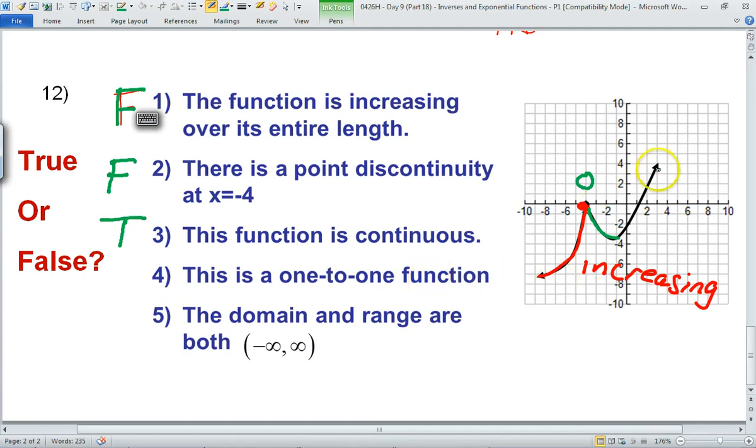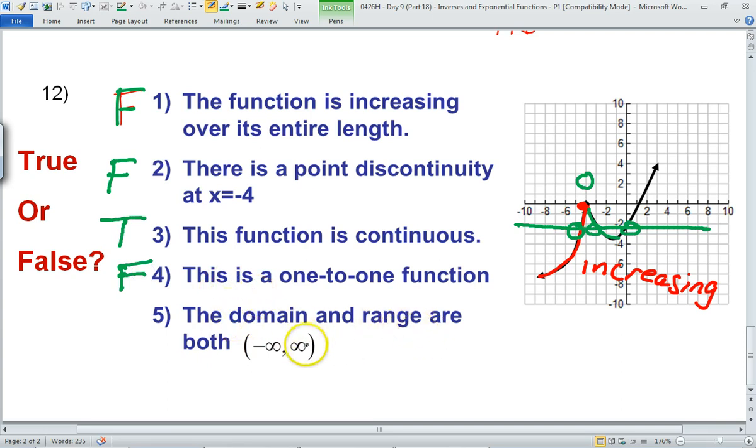Does it pass the vertical line test? Yeah, it passes the vertical line test. Only 1 point. But does it pass the horizontal line test? No, it fails the horizontal line test. That's a fail. So this is not one-to-one. It's a function, but not a one-to-one function.